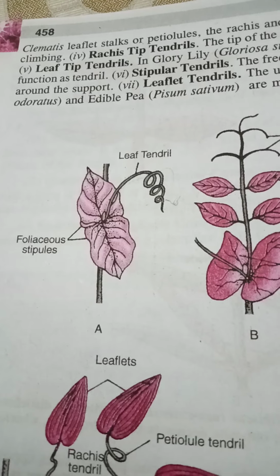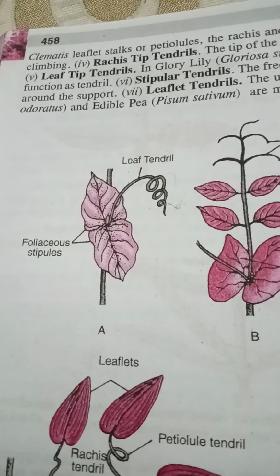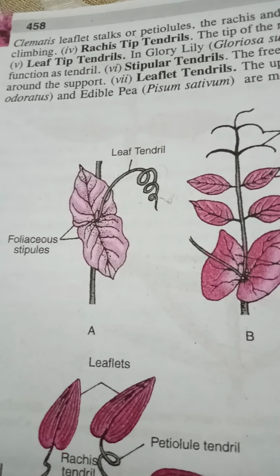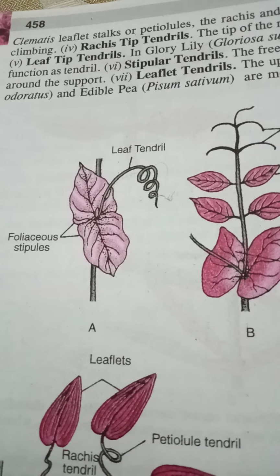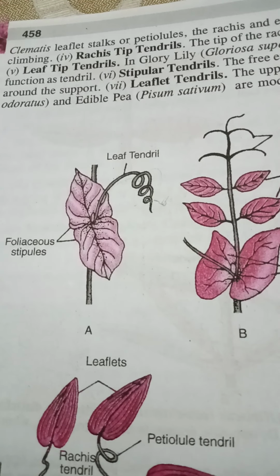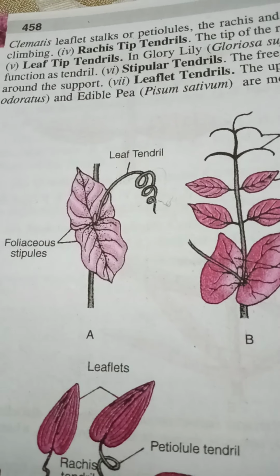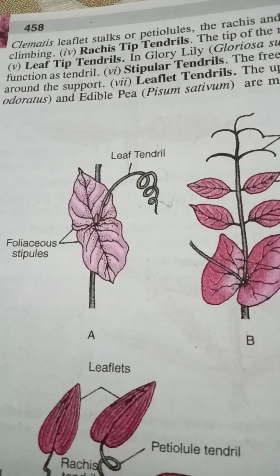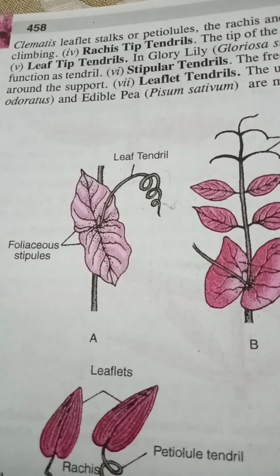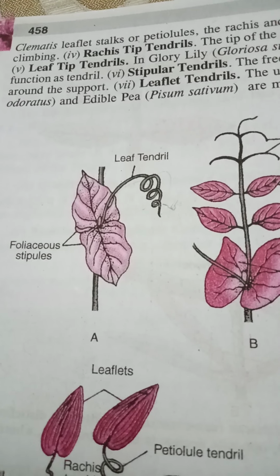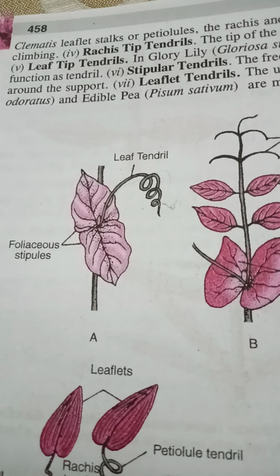Now there are different types of leaf tendrils. First one is the whole leaf tendril. That means the whole leaf is modified into a tendril. Here photosynthesis is performed by the foliaceous stipules, like the wild pea.